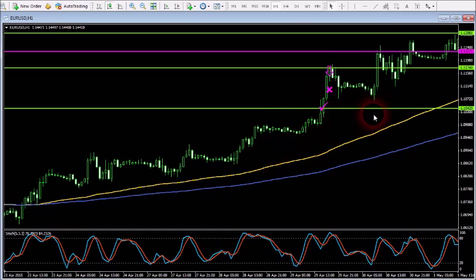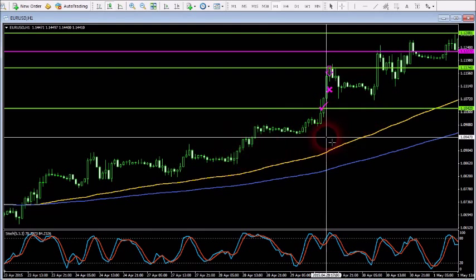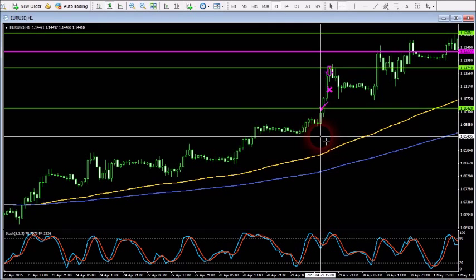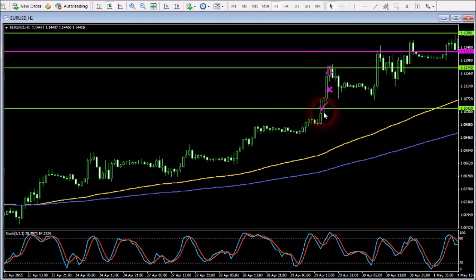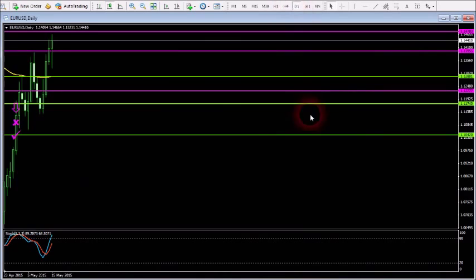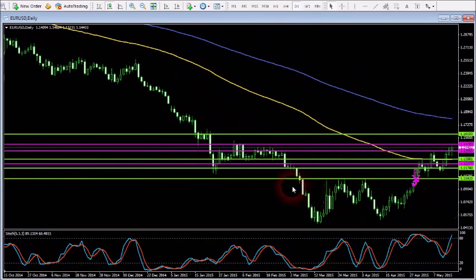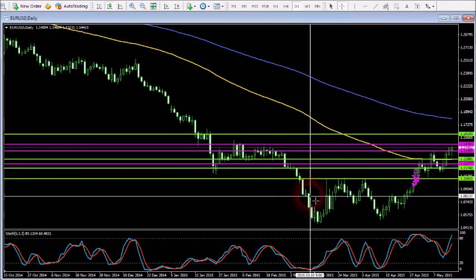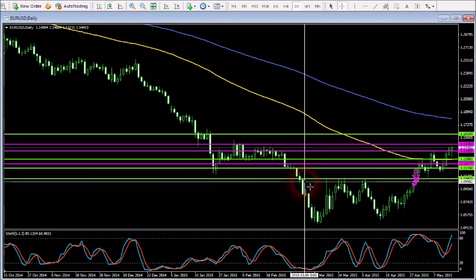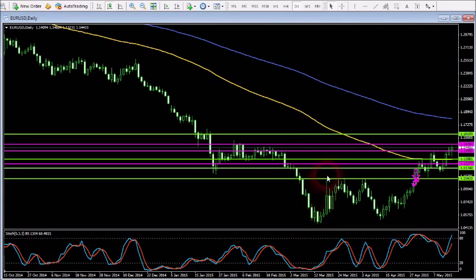Let's go back in time. A few weeks ago I said price is moving and it might reach this level, and as we can see from history, price dropped from this level very heavily, almost non-stop, and came back several times, so we knew this resistance was strong.